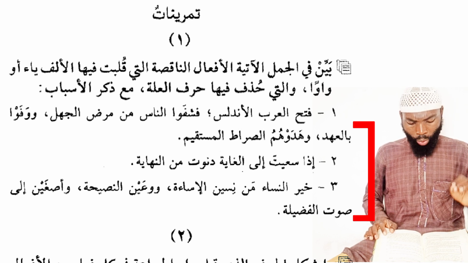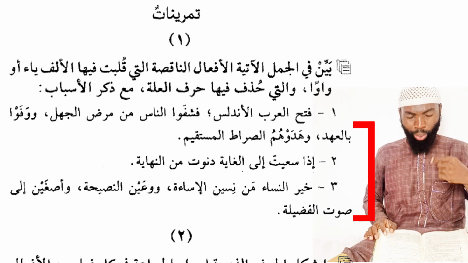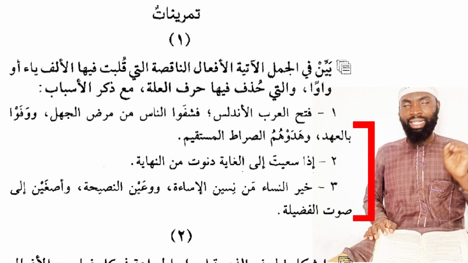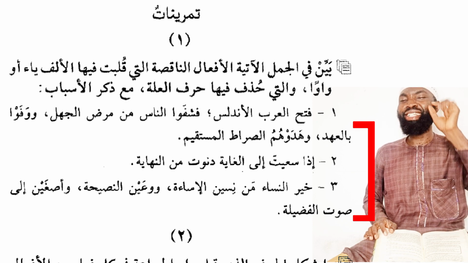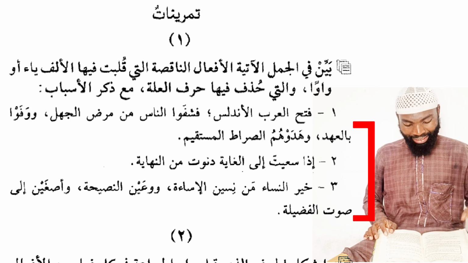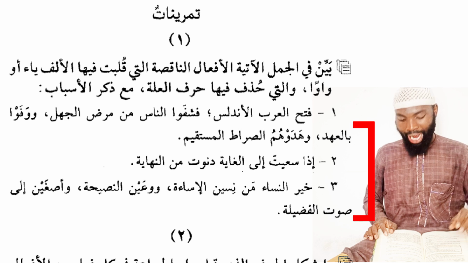Now we have wa'ayna nasiha from the word wa'a. So here no omission is done also. وأصغينا إلى صوت الفضيلة, and they listen to good voice. So asgoina, the noun is simply attached to it also. Asgo, and it's returned back to ya.